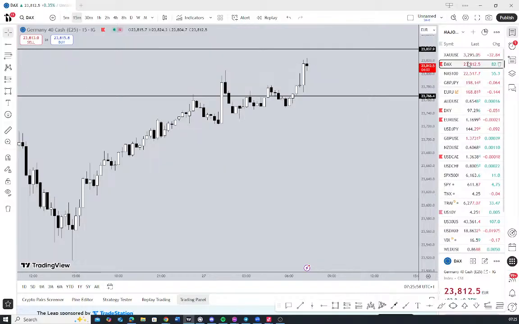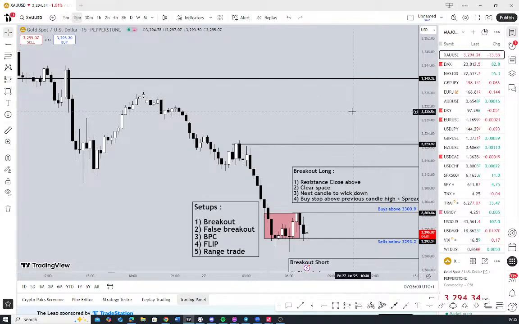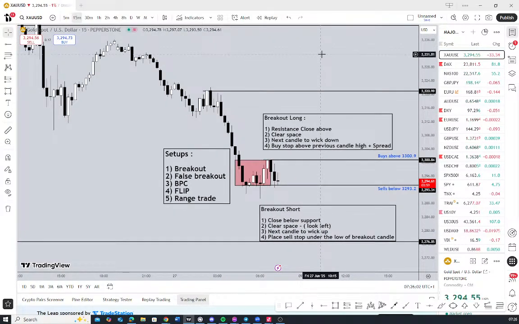So those three pieces of software are just to help trade management.